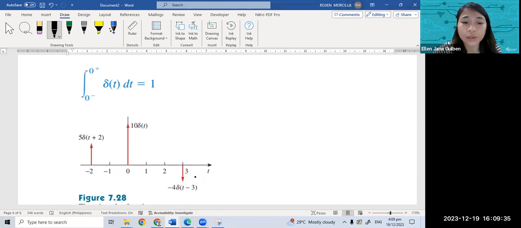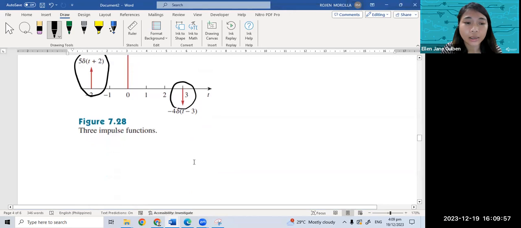And also, if you get a delayed response, like delta t minus 3, and multiply it by -4, you get this kind of signal. And if you multiply 5 to delta t plus 2, which is an advanced signal around -2, you get this kind of signal.